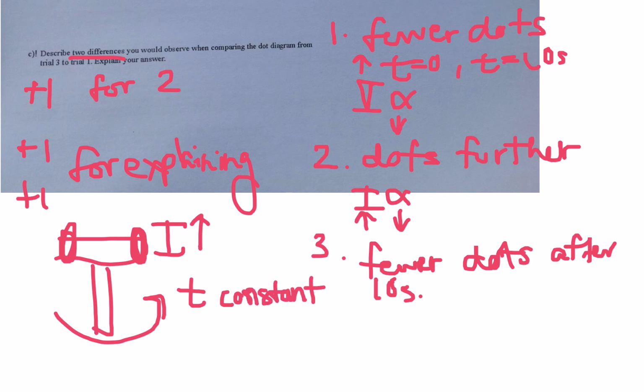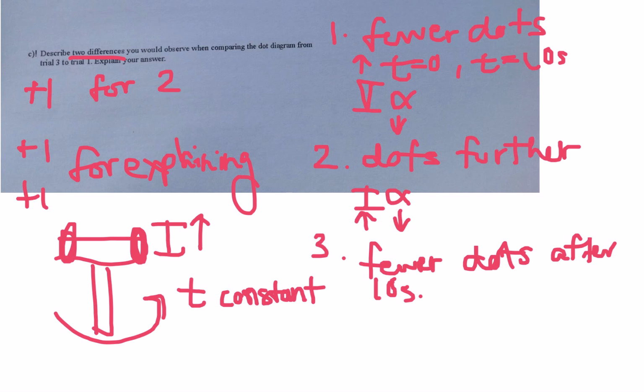But since it's essentially heavier, it'll keep going. It's like if you roll a heavy bowling ball, it'll keep going, but it's not getting there very fast. So fewer dots after 10 seconds because it's going to keep going. It's just going to go really slow.